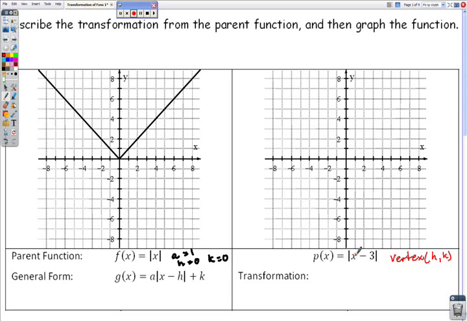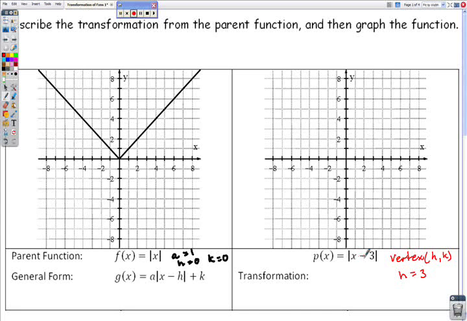So we look at our function and we ask ourselves, if I compare it to the general form, what is h and what is k? One way to think about h is that h operates on the input. That is, it subtracts from the x before the function itself is applied. Here the function is absolute value. So we can look at this 3 and ask ourselves, does it apply to the x before the function is applied? Well, yes, it does. So that means h is 3.